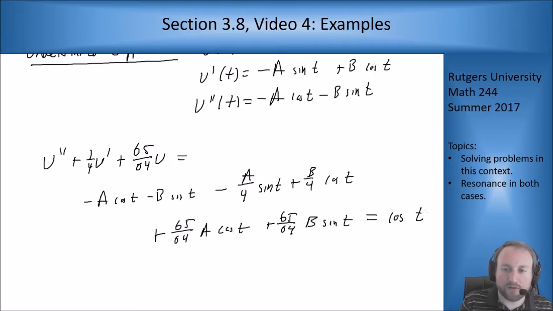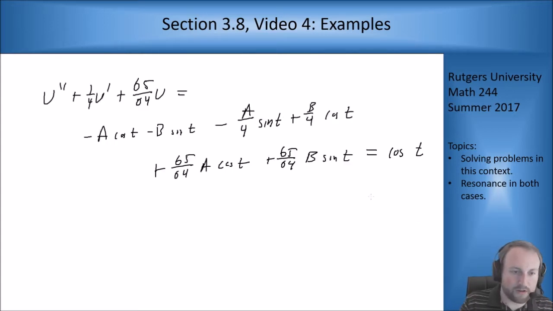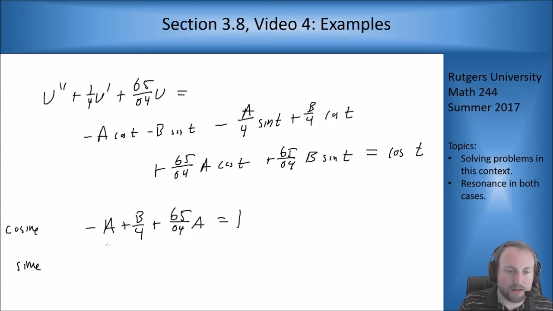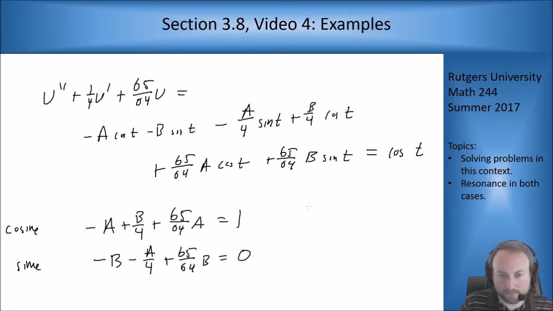I want this to equal cosine t. So now let's do the equation grouping like we had before. For the cosine equation, I have minus a plus b over 4 plus 65 over 64 a equals 1. For sine, I get minus b minus a over 4 plus 65 over 64 b equals 0.